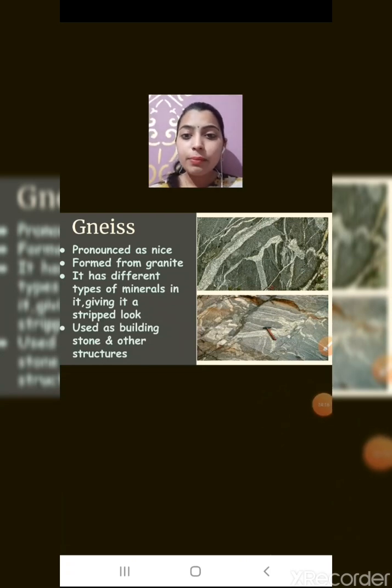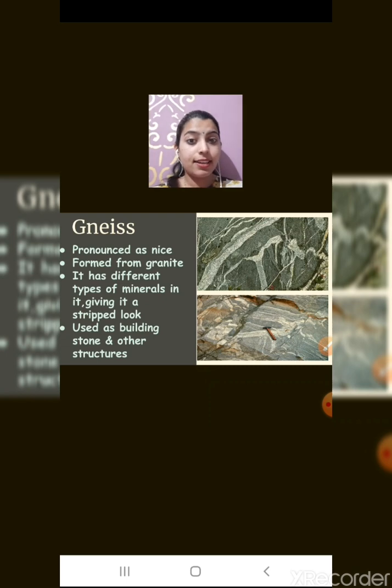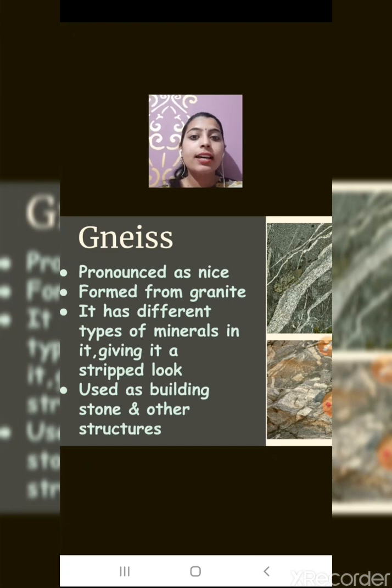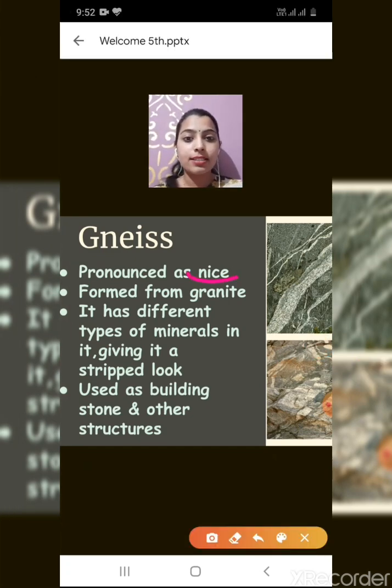Now the third type we have is called gneiss. G is silent here, but the spelling is gneiss. In the first point, I have mentioned that it is pronounced as nice.